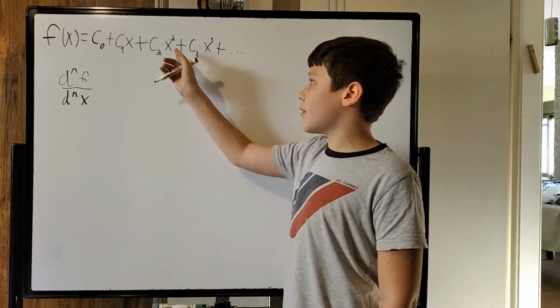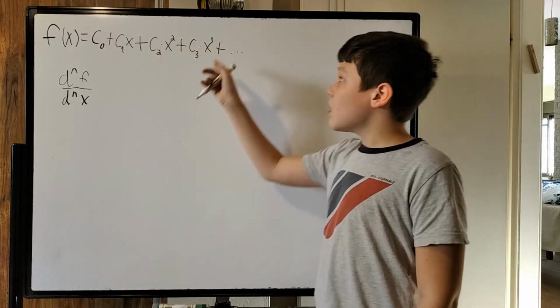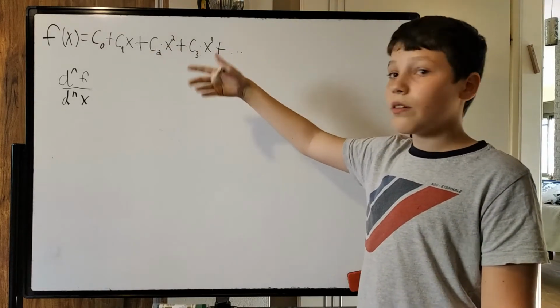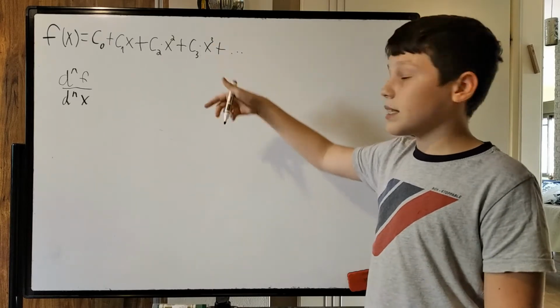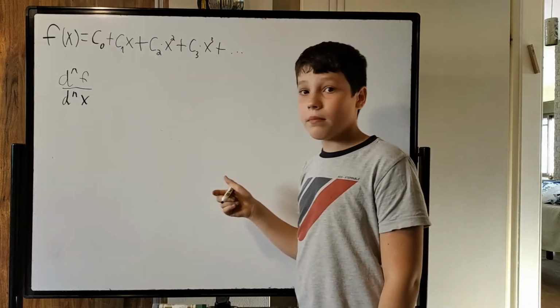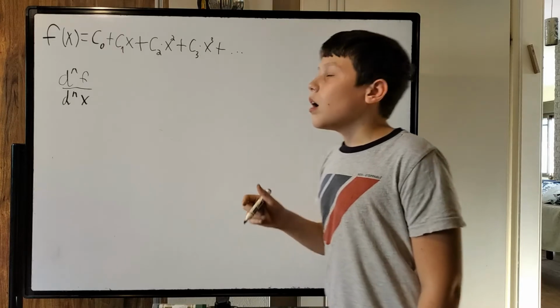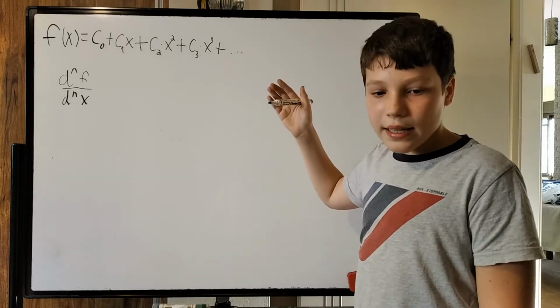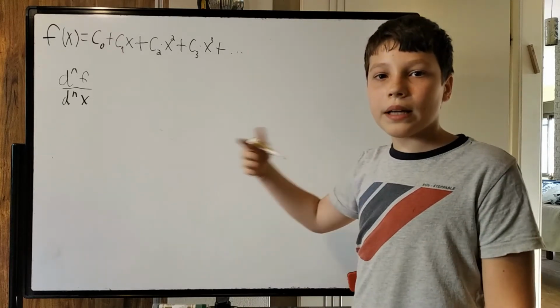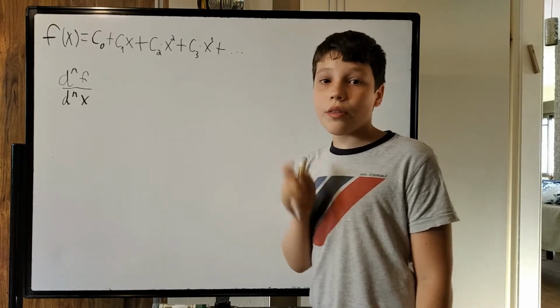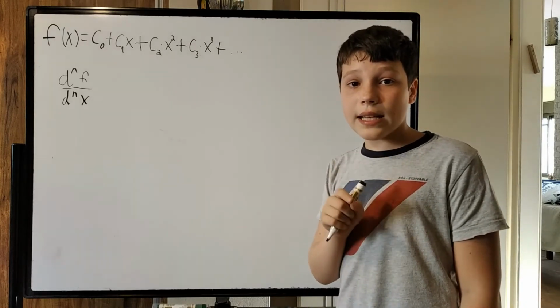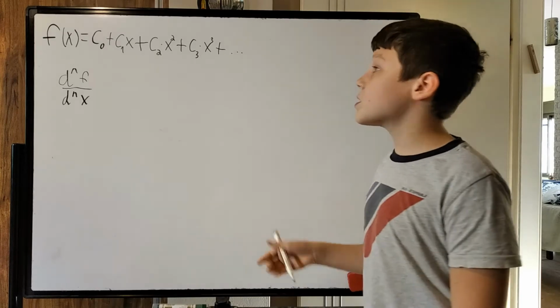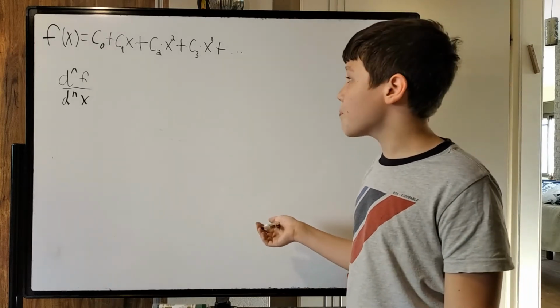Then the second derivative, 2c2. And then the third derivative, if you think about it, 6c3, and so on. The rest is going to be some x stuff, so when you plug in 0, it's going to all cancel out. The only thing we worry about is the constant term. So what is that constant term?